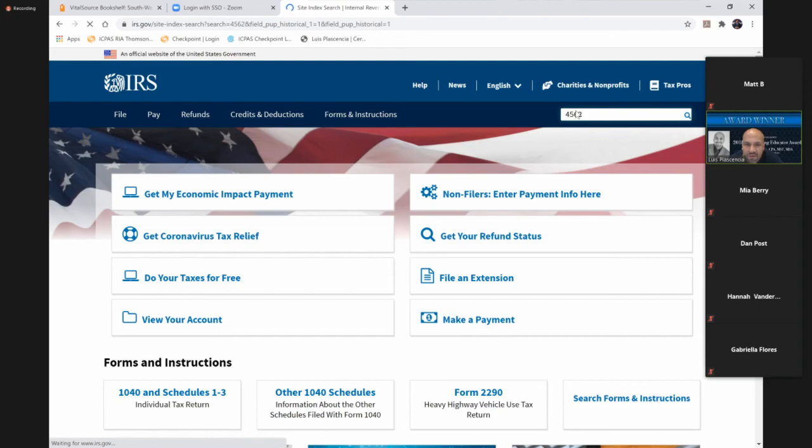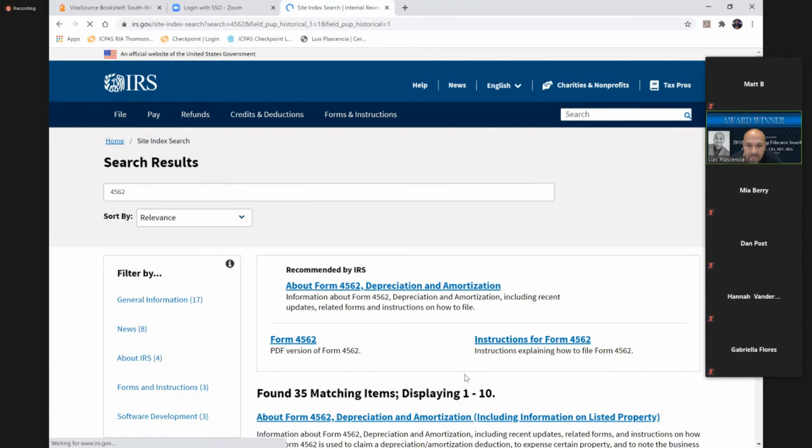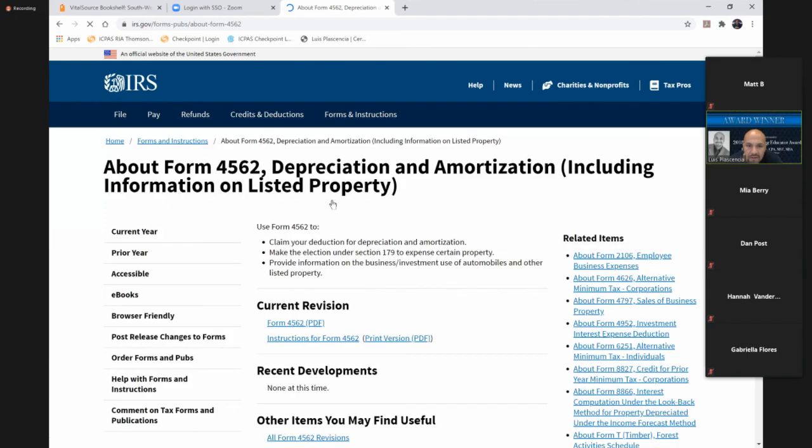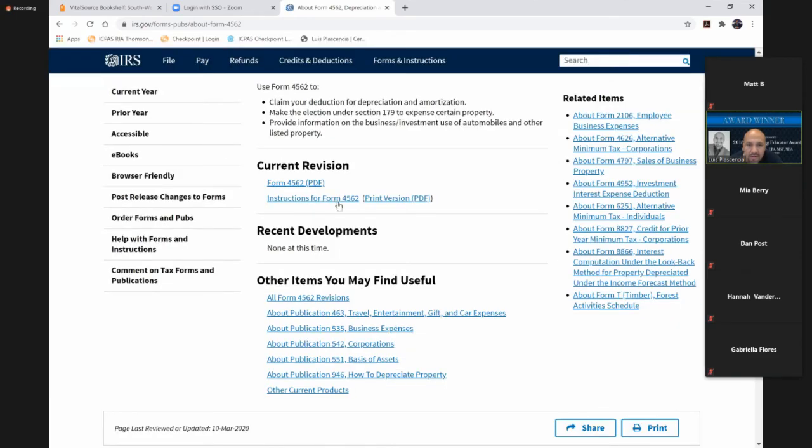I'm going to look up their instructions, or right here. And this is slow too. Okay, instructions. Okay, where it is.